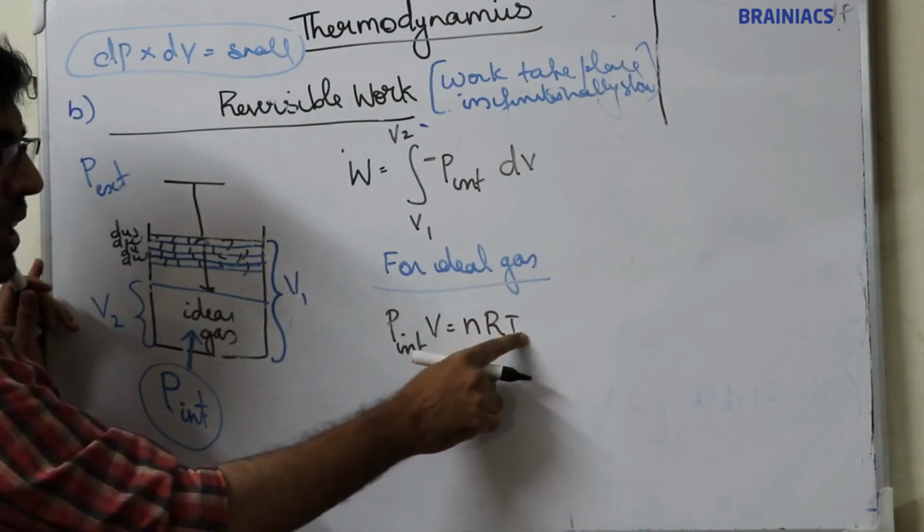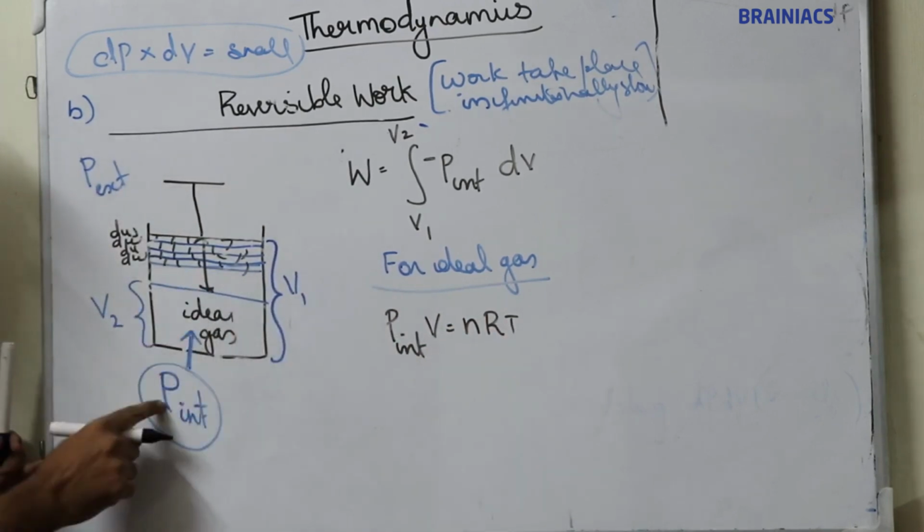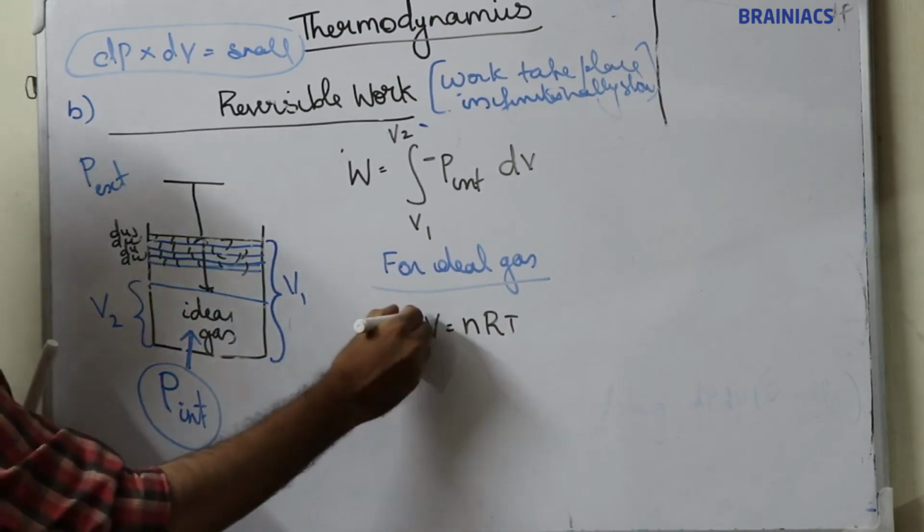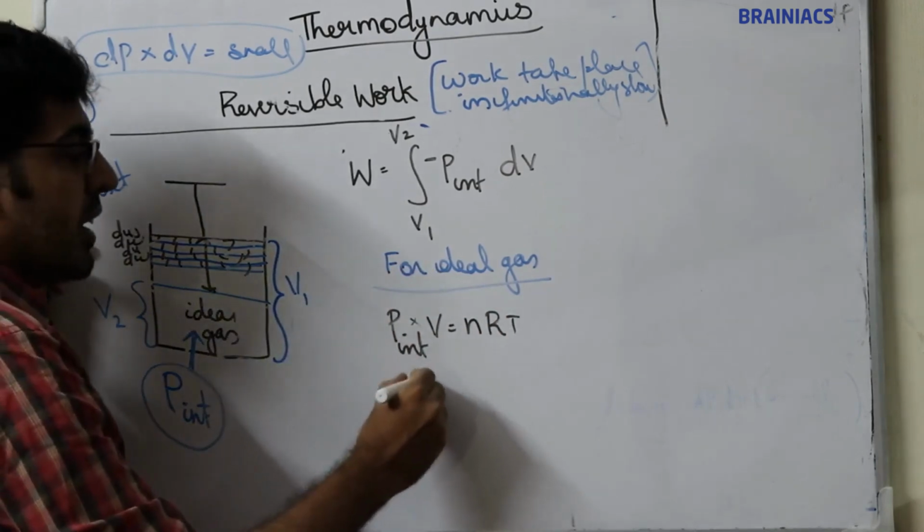PV is equal to nRT. Here we are taking internal pressure as P internal. So P internal into volume is equal to nRT. So what is P internal?